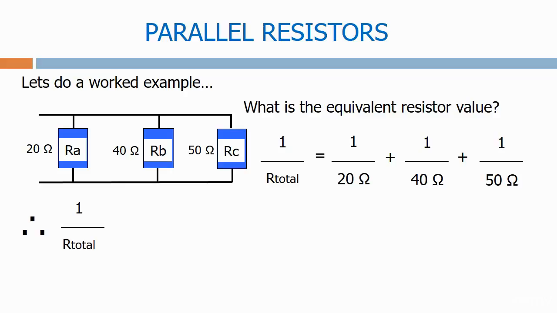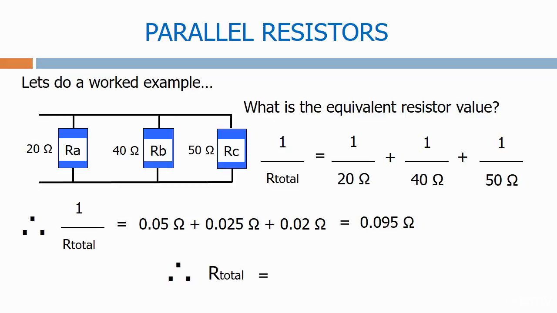Therefore, 1 over R total equals 0.05 ohms plus 0.025 ohms plus 0.02 ohms equals 0.095 ohms. Therefore, inverting the equation, R total equals 1 over 0.095 ohms, which is 10.52 ohms. Note that the equivalent resistor value is smaller than any of the individual parallel resistor values.